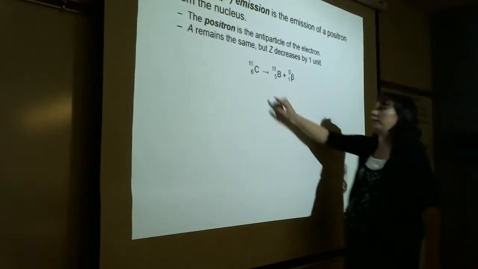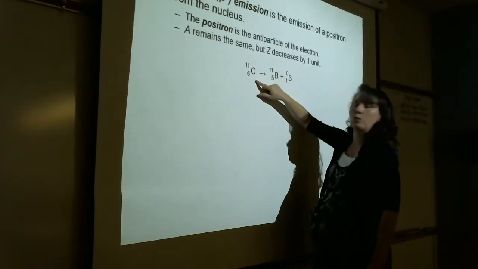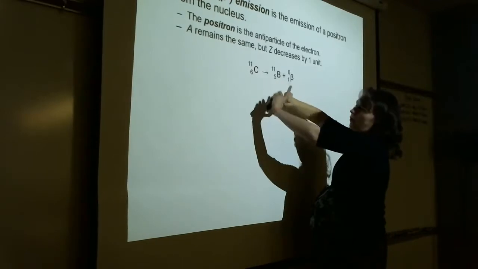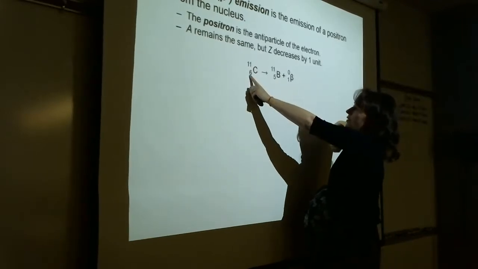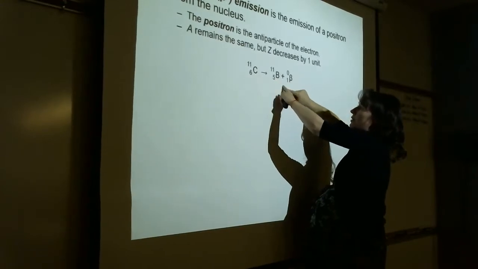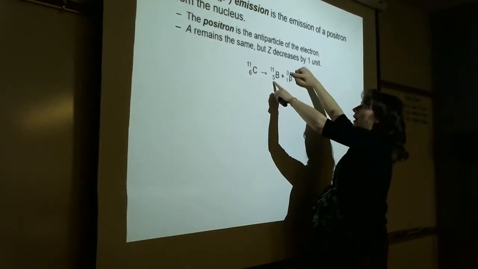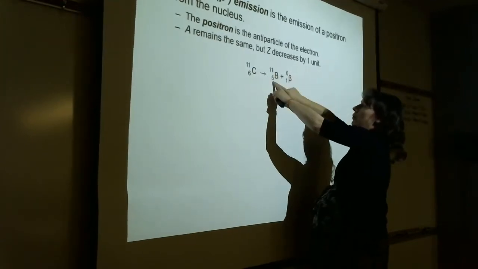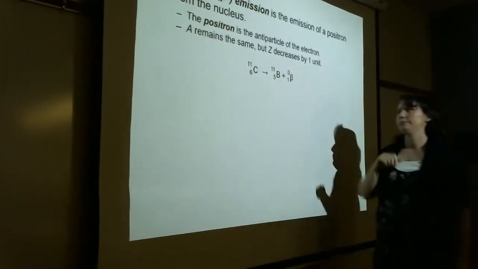So again, if I say, here's the element you begin with, write a positron emission for it, you would say, okay, law of conservation of mass. If this is 6 and I know positron is this, what does this need to be so that it adds up to 6? It must be a 5. I know that this number is 0, so that means that this one doesn't change. Look up element number 5, and it's boron.